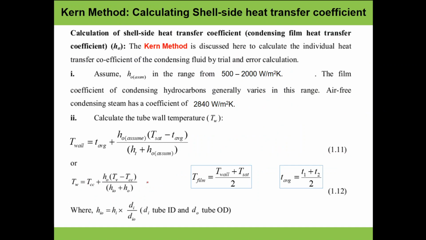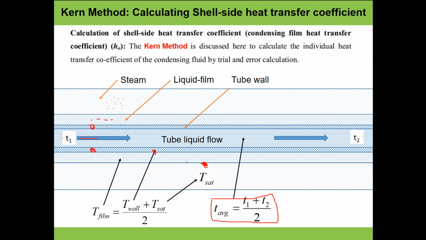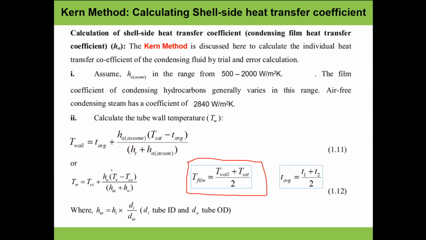So how do we calculate the film temperature? The film temperature is the average of the wall temperature and the saturation temperature of the steam, as we saw here. The film temperature needs the wall temperature, and how do we calculate the wall temperature?